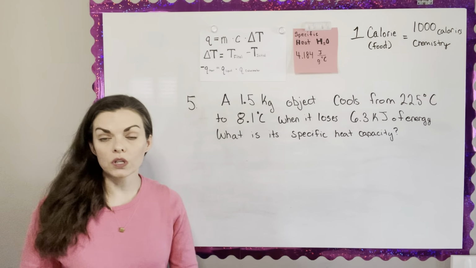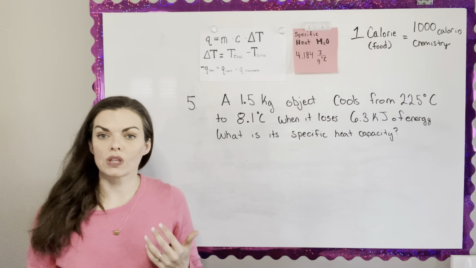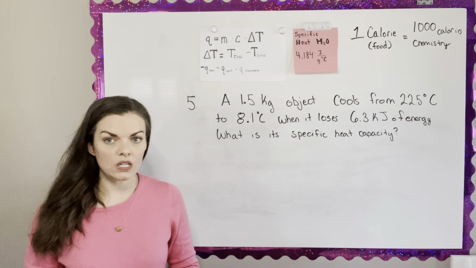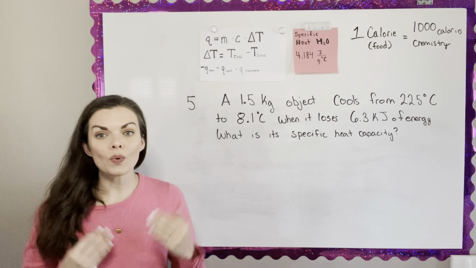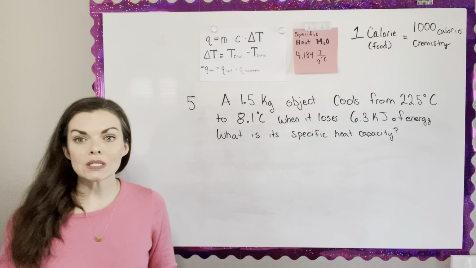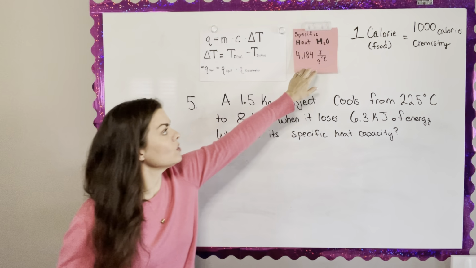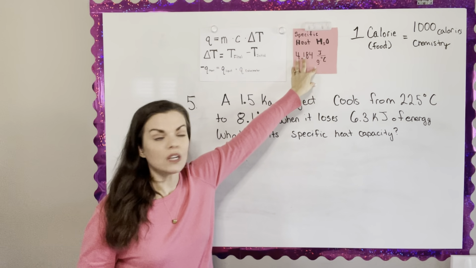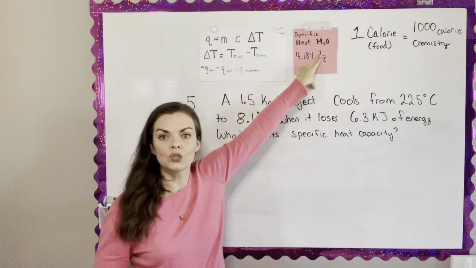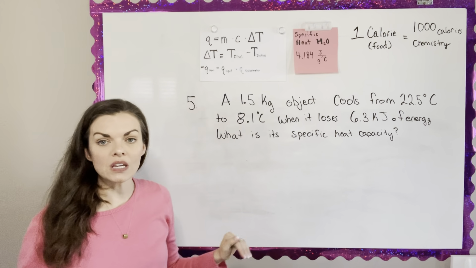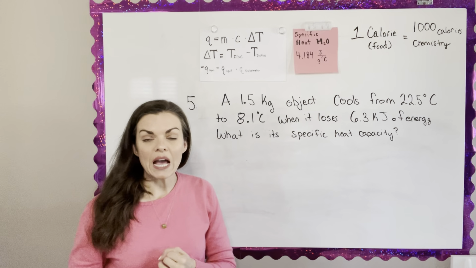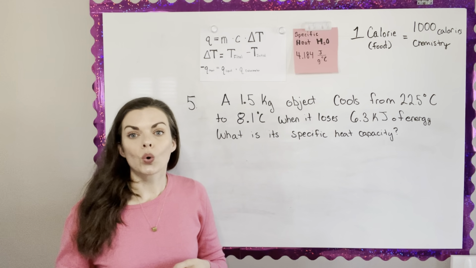So in order to put all these things in, we have to make sure that everything is in the correct unit, similar to our gas laws and all these other equations. One of the ways that I remember the units for the specific heats is that if I look at the specific heat for water, I know it's in joules, grams, and degrees Celsius. So everything I put into this formula has to be in joules, grams, or degrees Celsius.